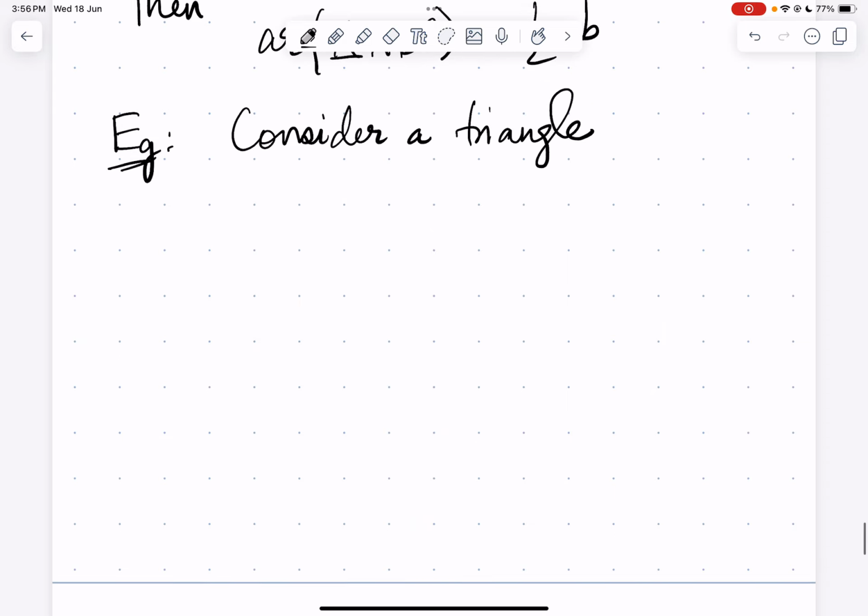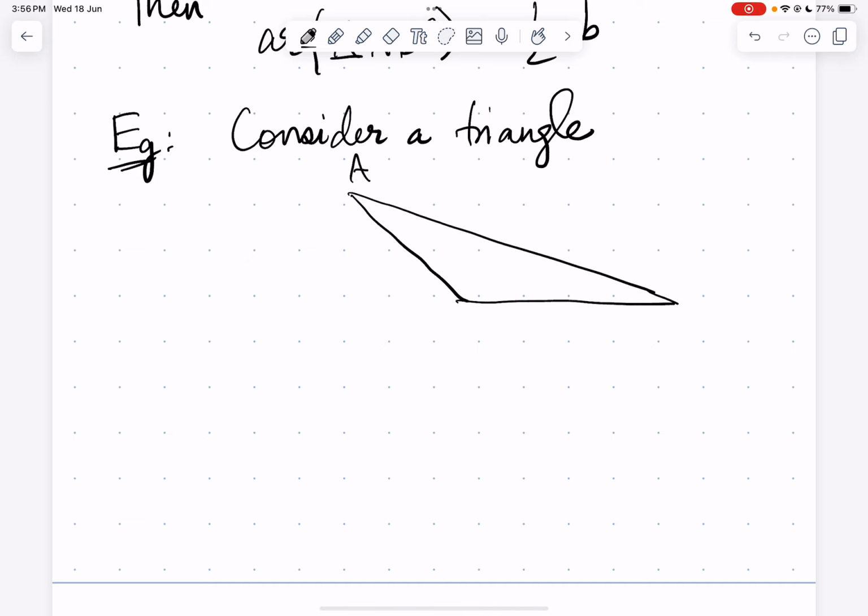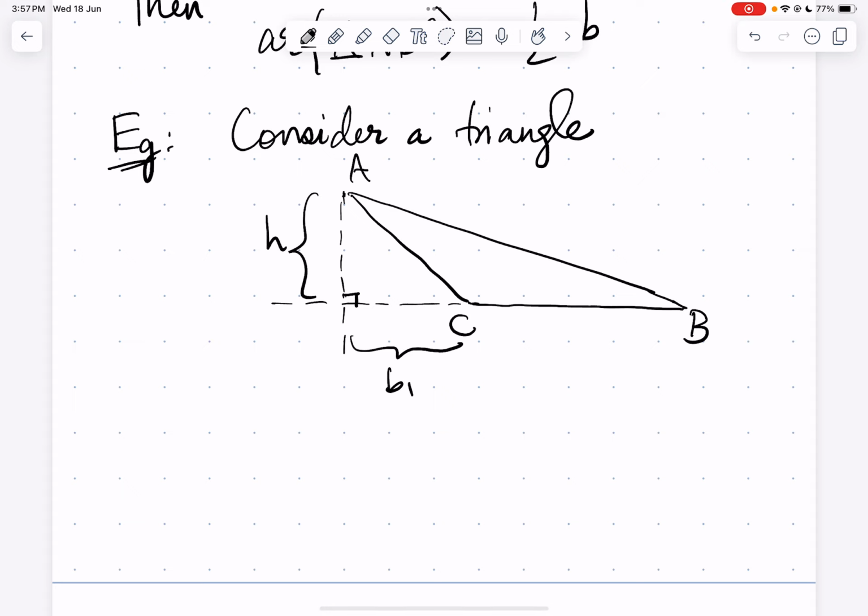Consider a triangle. So consider this triangle.